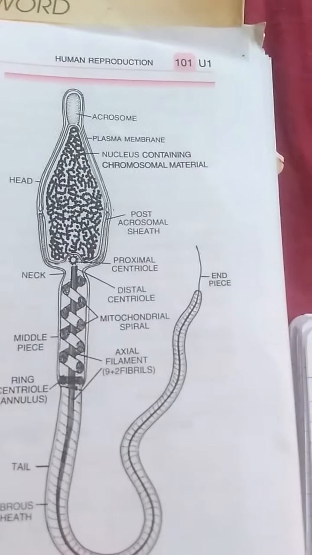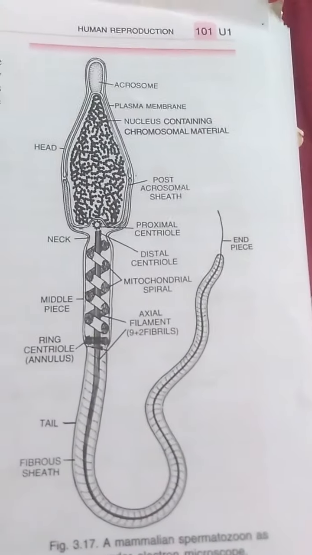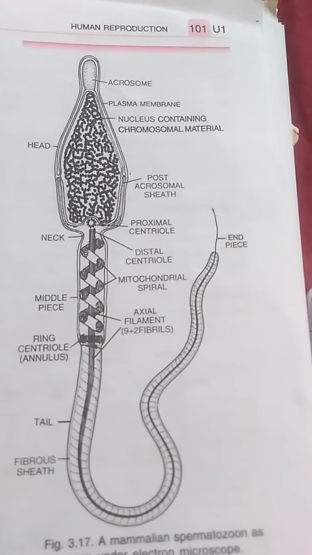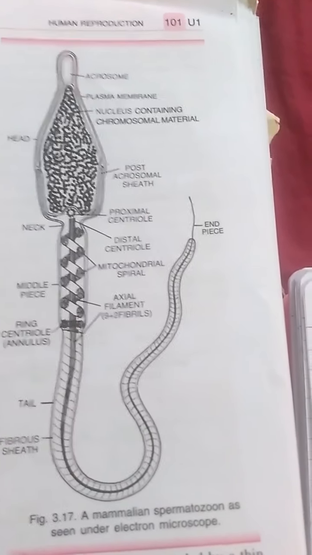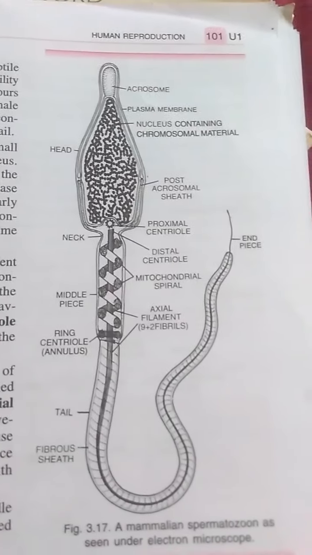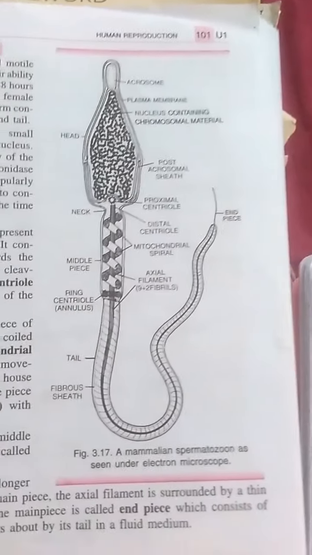Now, one thing I want to tell you, children, is that previously we studied spermatogenesis, in which there was formation of spermatid, non-motile structures, right? And these non-motile spermatids then get converted into motile sperm.